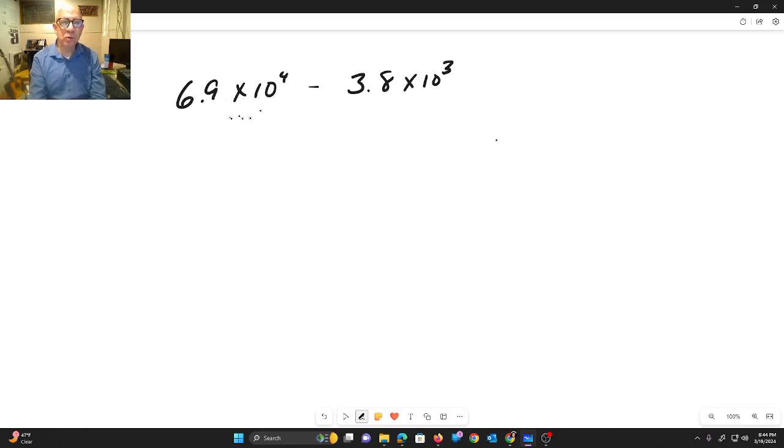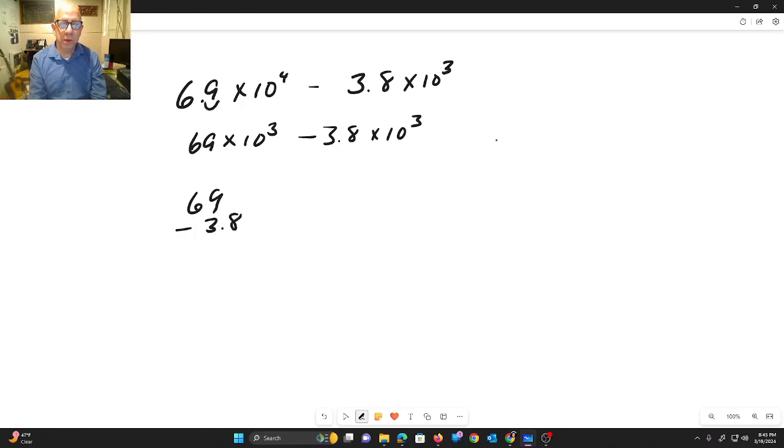So I've got to move one of these decimals, so I'm going to move this one. I want to make it smaller, so I'm going to move it this way. So instead of 6.9, I'll have 69 times 10 to the power of 3 minus 3.8 times 10 to the power of 3. So now I can do 69 minus 3.8.